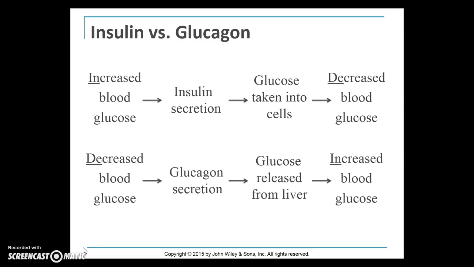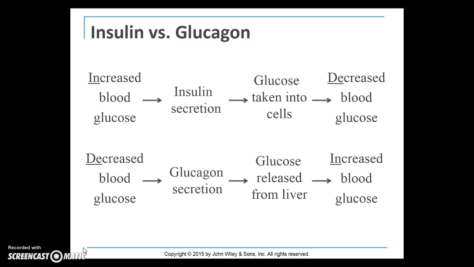So insulin, if we have an increase in blood glucose, like after a meal, this is the normal body's function. Our body secretes insulin from the pancreas, which causes glucose to be taken into cells and out of the bloodstream, decreases the blood glucose level, and keeps our blood glucose between that 70 and 110 range.